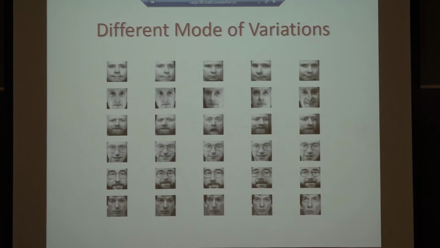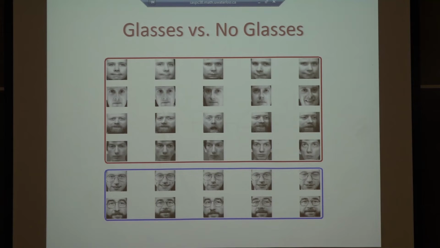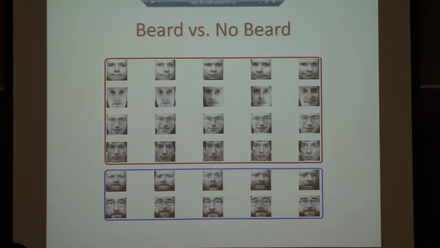If I show you this data, you can put them in two different classes this way. So some people have glasses and some don't, right? And the same data set, I can put it in two classes, or two clusters, this way. Some people have beard and some people don't.